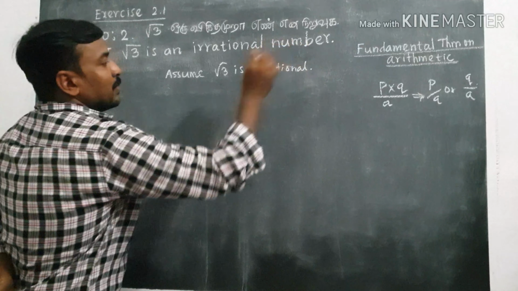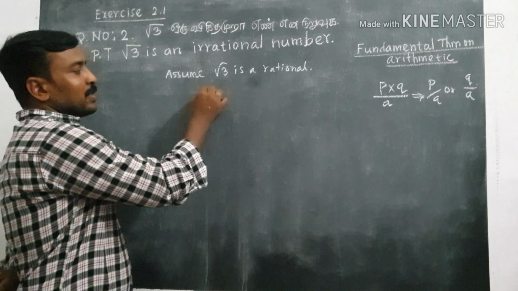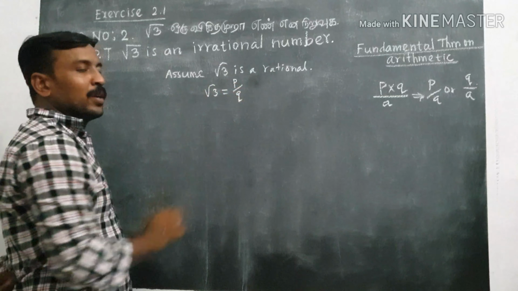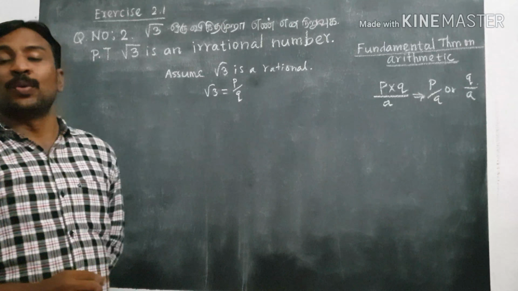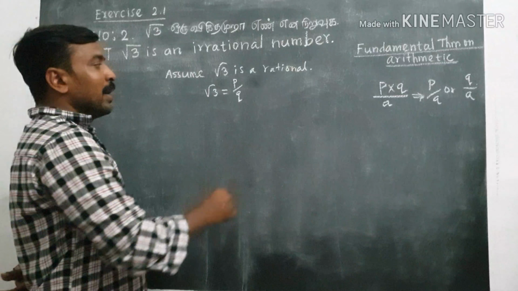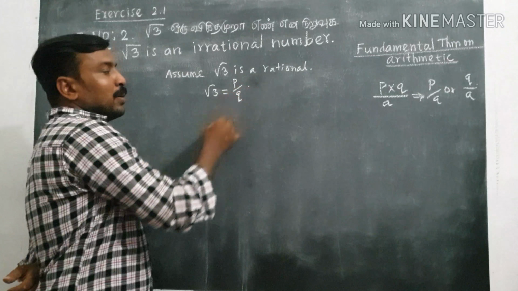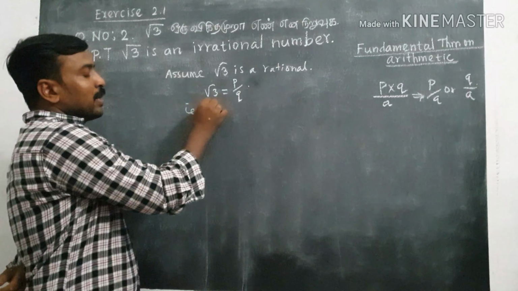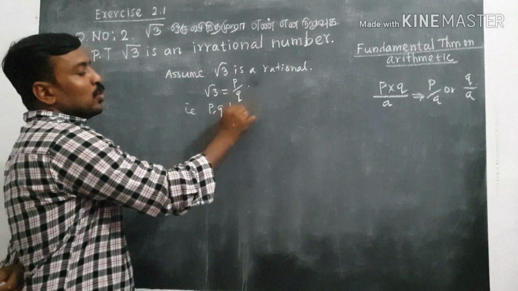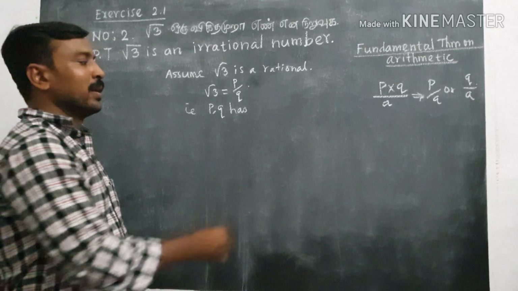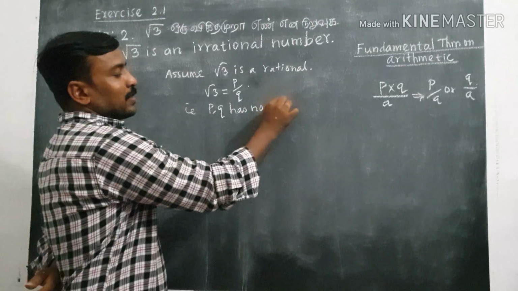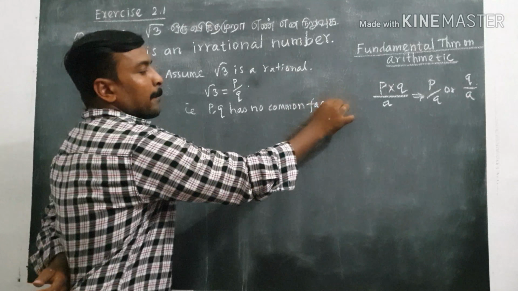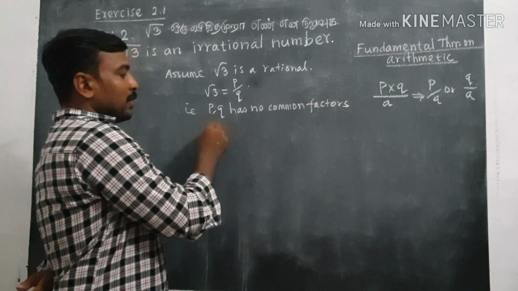In that case, we can write root 3 in the form p by q, where q is not equal to 0 and p, q belong to Z. And p by q is in standard form, which means that p, q have no common factors other than 1.